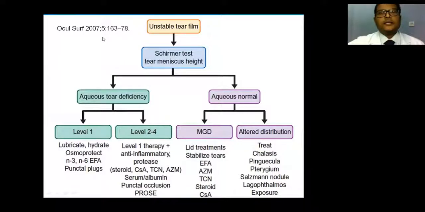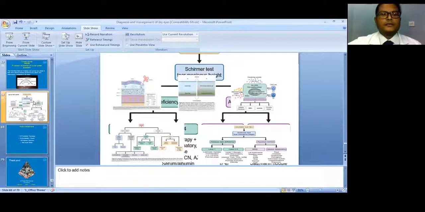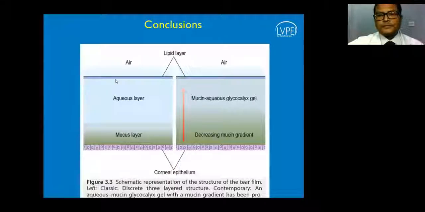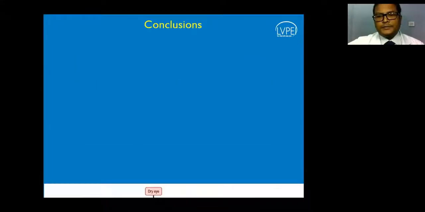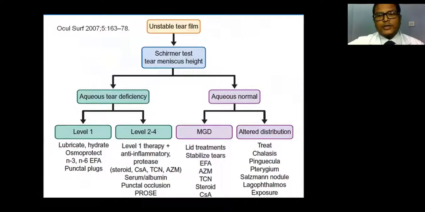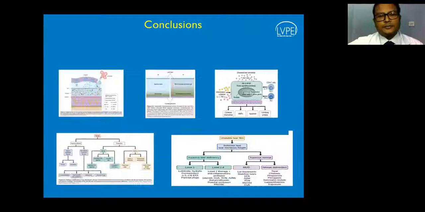So when there is an unstable tear film, one needs to categorize whether it is an aqueous deficient dry eye or evaporative dry eye, and then one needs to treat as per the etiology and the severity of this condition.